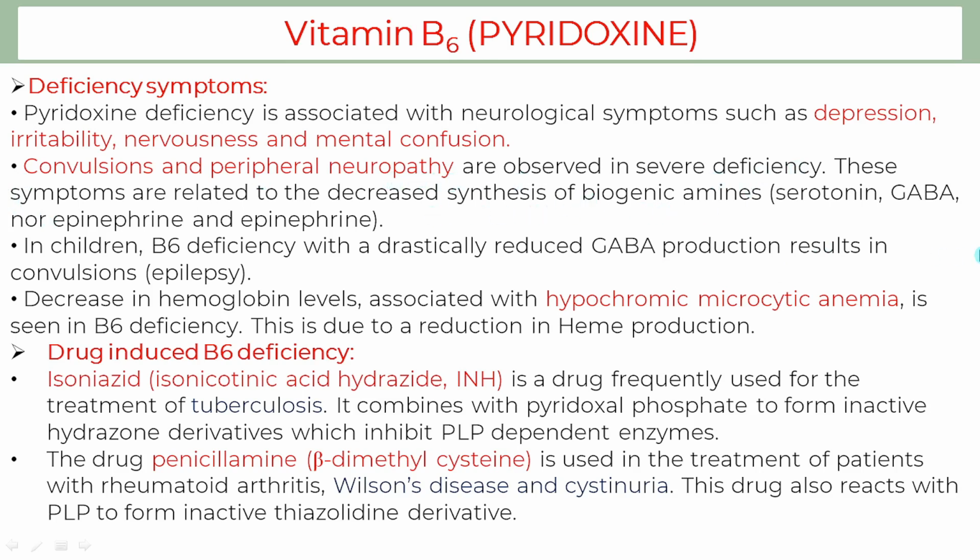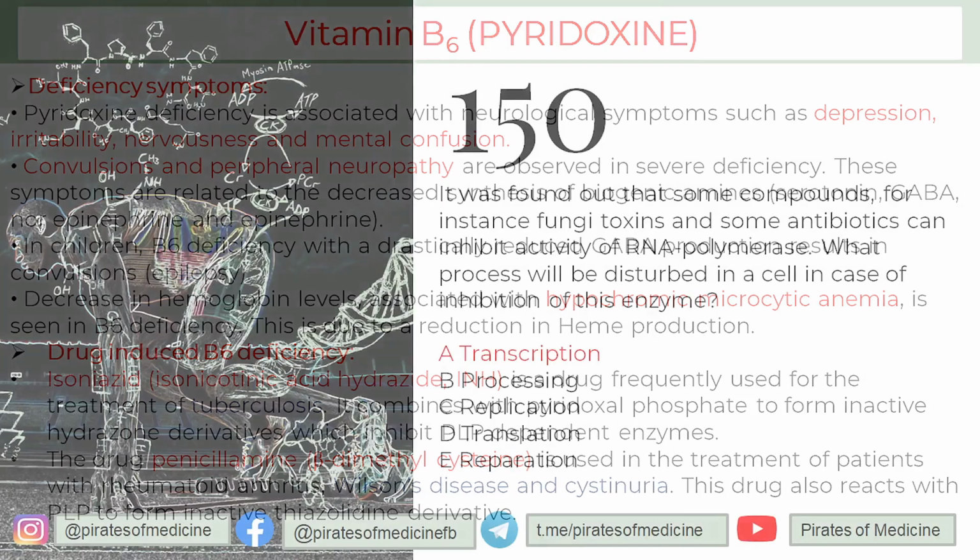Some additional information, you can note it down: in children specifically, B6 deficiency leads to reduced GABA production, resulting in convulsions and epilepsy, and also a decrease in hemoglobin levels associated with hypochromic microcytic anemia is seen in B6 deficiency, which results in reduction in heme production, because pyridoxal phosphate, vitamin B6, is also an important coenzyme in heme synthesis. Anyway, let's go to the next one.